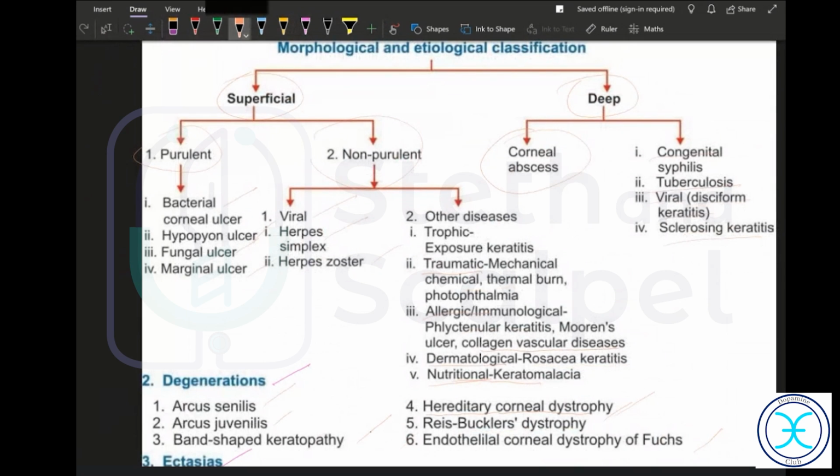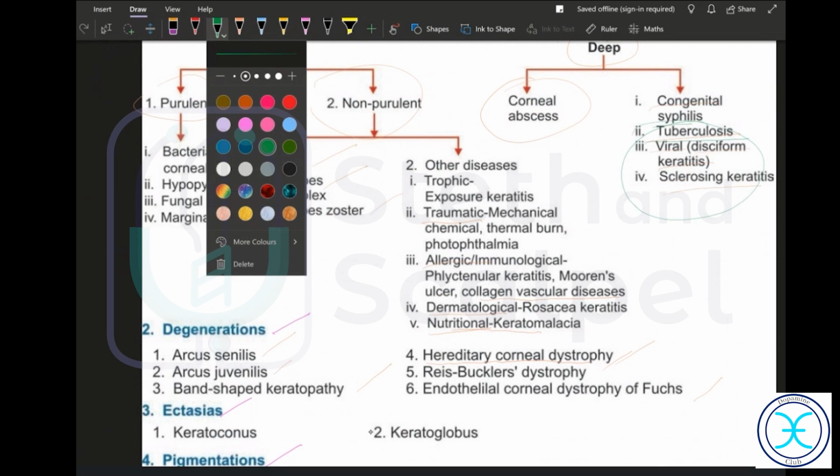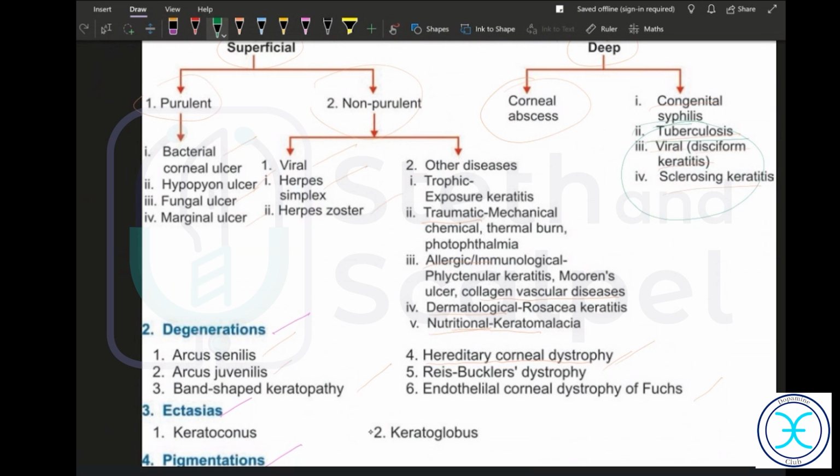The deep ones are usually due to syphilis, tuberculosis and so on, and when they grow very deep, they form all of these complicated conditions. There are other reasons for keratitis too. All the rare conditions are also given over here.